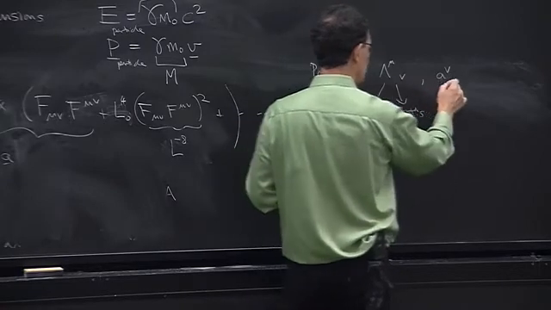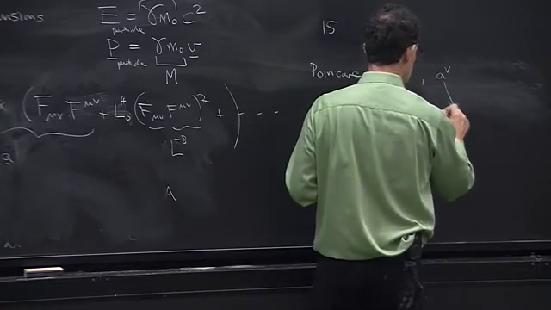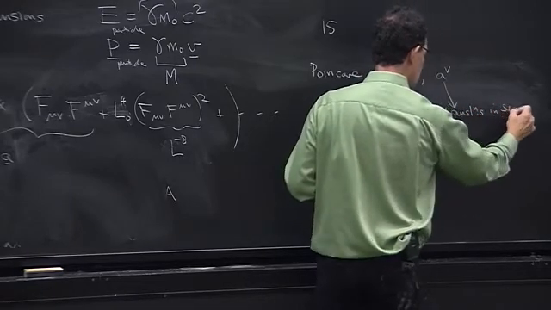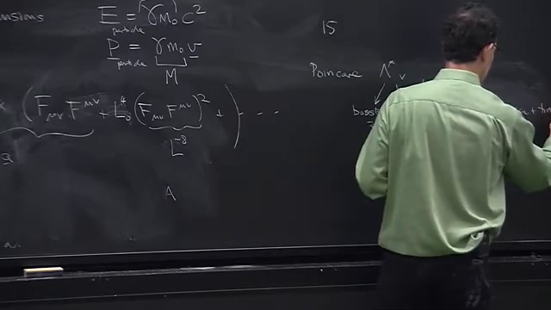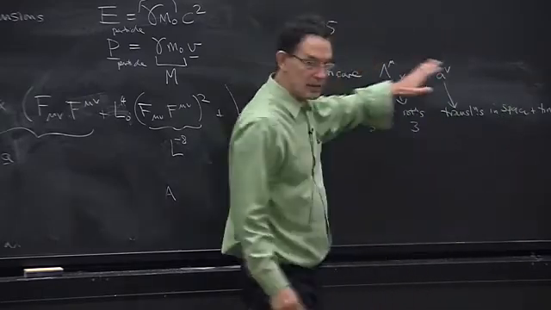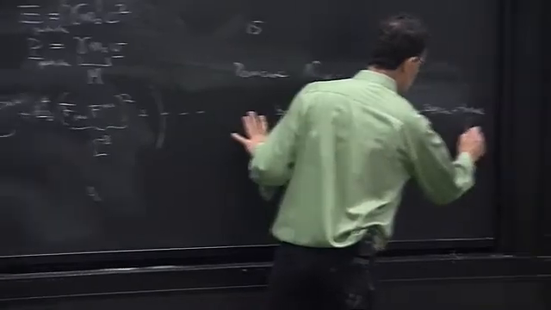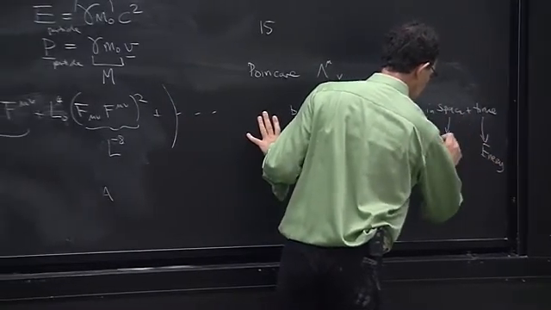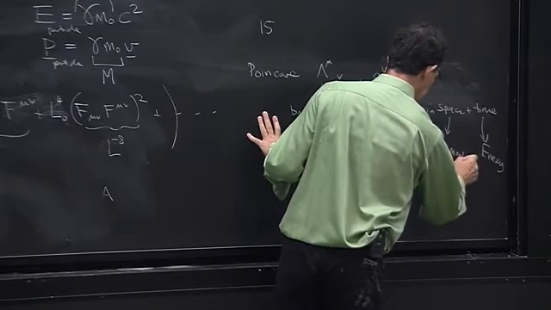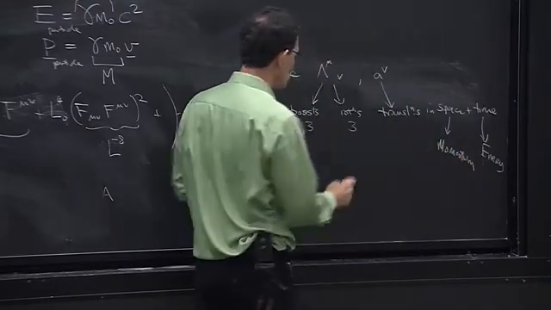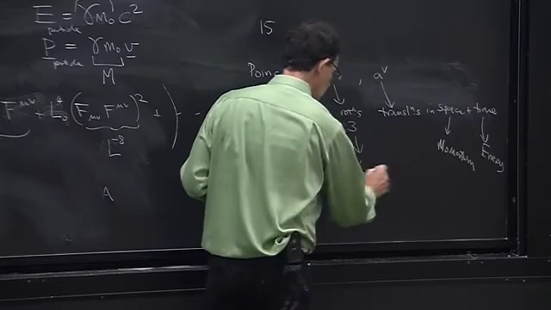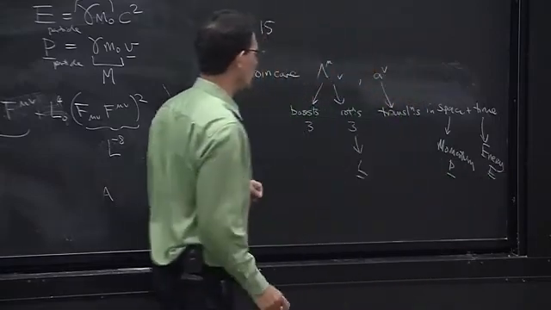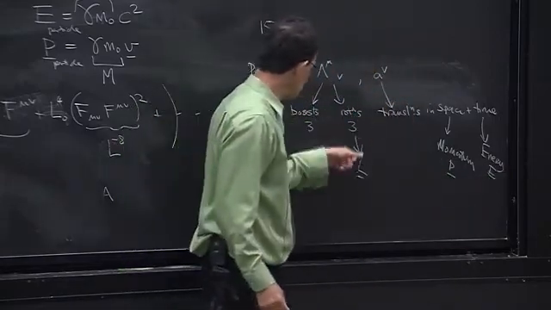There are 3, and these correspond to translations in space and time. Okay, so that's Poincare symmetry. So this one will give us the energy. This one gives us the momentum. These 3 give us the angular momentum. So we've used up those 4 and these 3, but what about these?